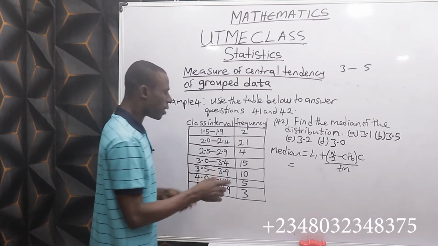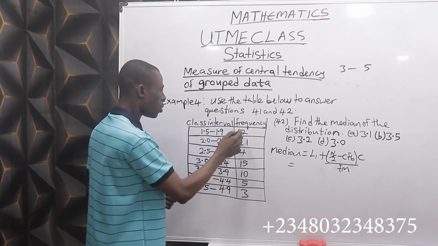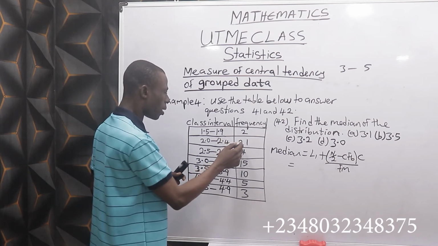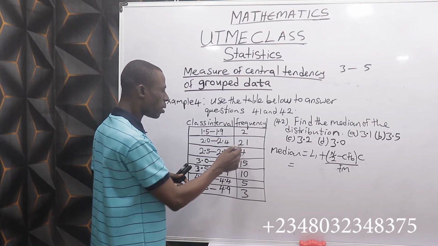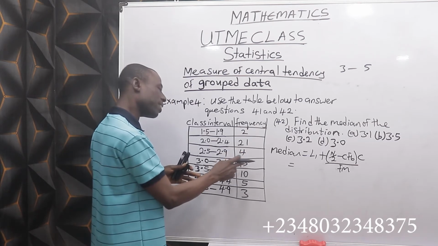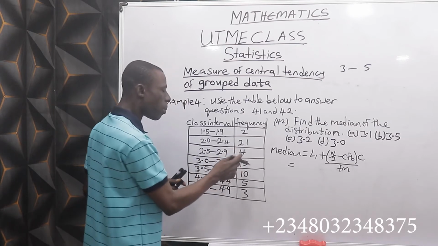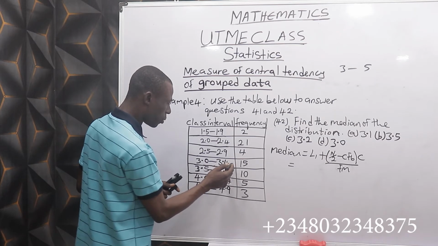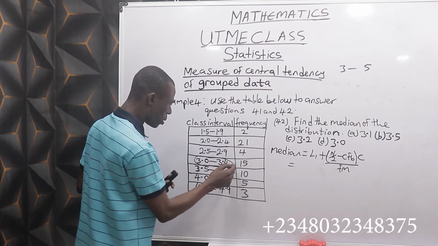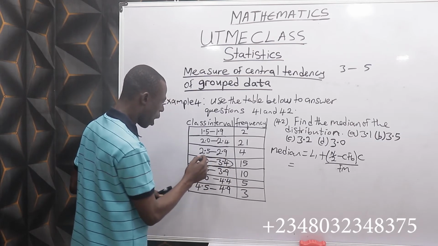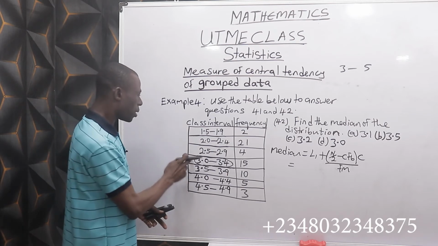It is that 30 that we use to locate the median class. 2 plus 21, that's 23, plus 4, that's 27, plus 15. Definitely it is at this point that it will reach that 30, it will even be more than it, but the fact that it reached it here makes this ring to be our median class.